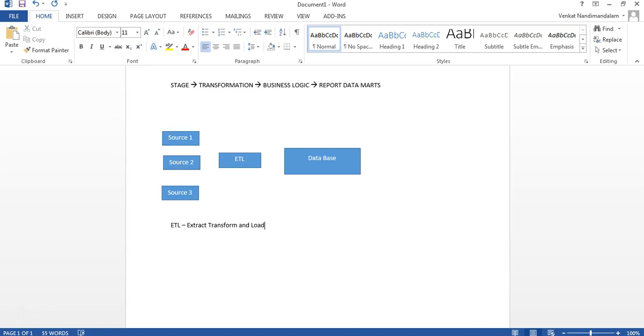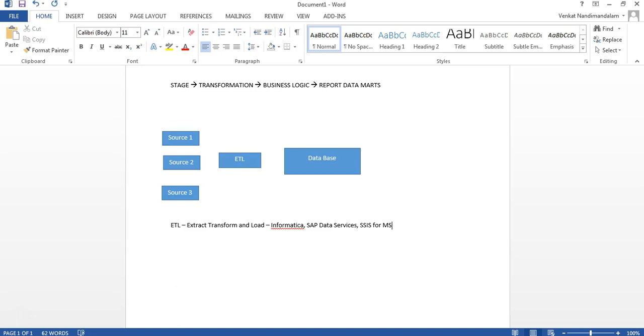So any of the ETL tools you can use. Some of the major ETL tools in the market are Informatica, SAP Data Services, SSIS from Microsoft, and so many different tools you have in the market.